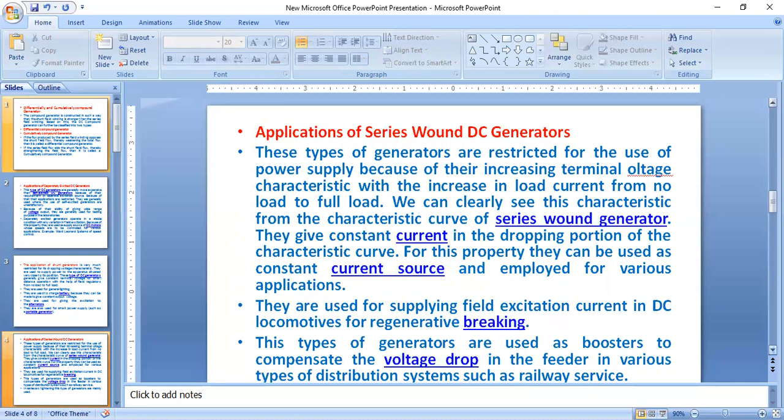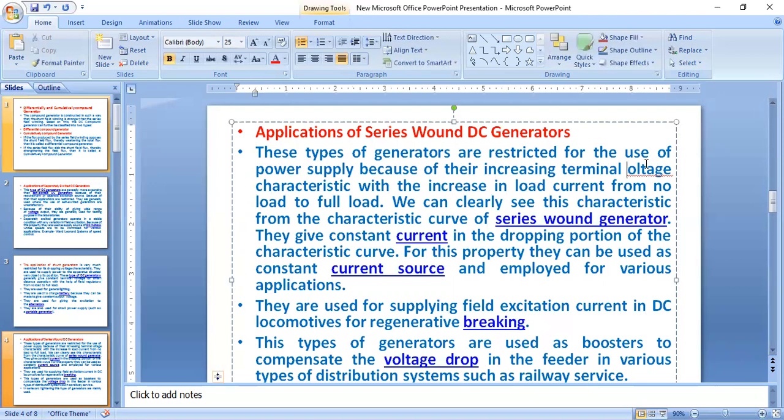And then the applications of series wound DC generators. The series wound DC generators are restricted for the use of power supply because of their increasing terminal voltage characteristics. They increase in load from no load to full load. We can clearly see these characteristics from the characteristics curve.